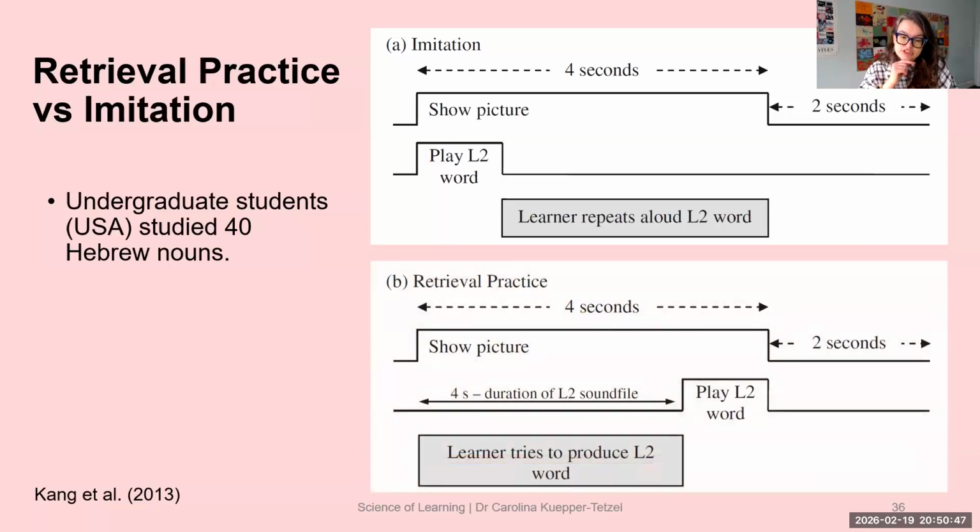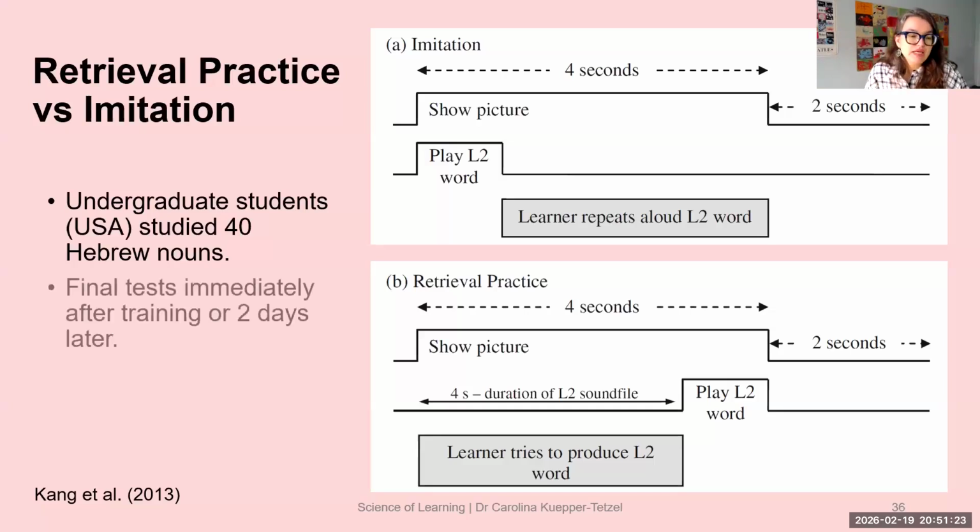In the retrieval practice condition, they showed the picture and the learner tried to produce the word out loud, and only afterwards was the audio file played. So the difference is that the learner had to recall and try to pronounce it first, and then got the audio file as feedback. In imitation, they got the audio file with the picture and imitated the pronunciation.